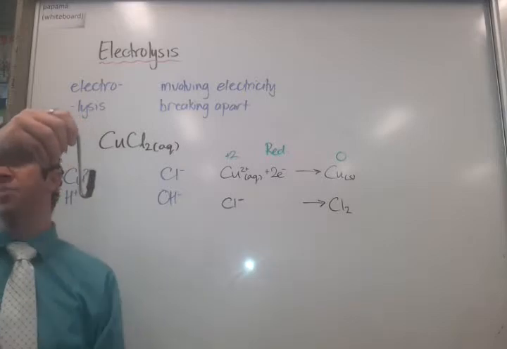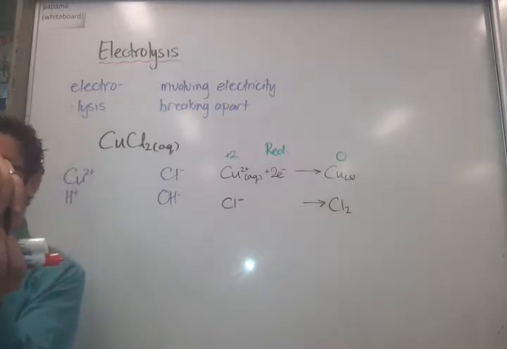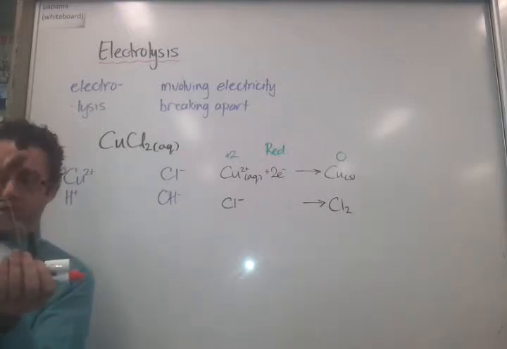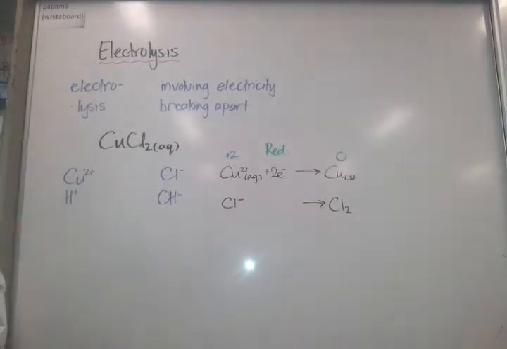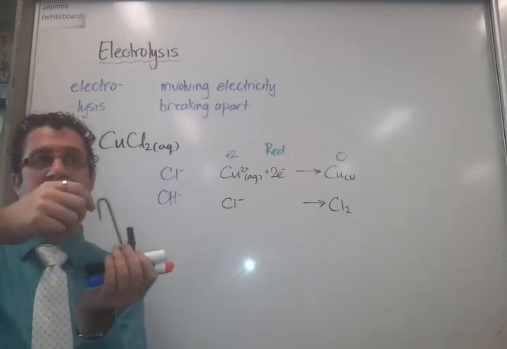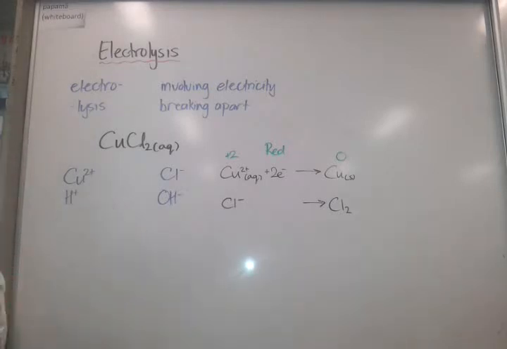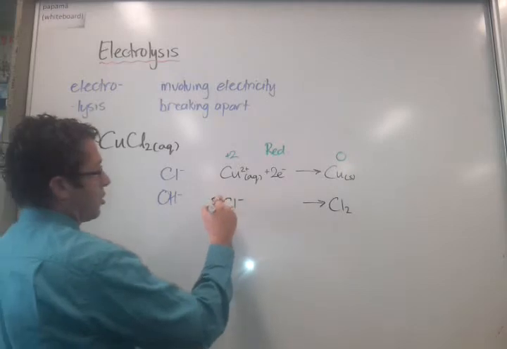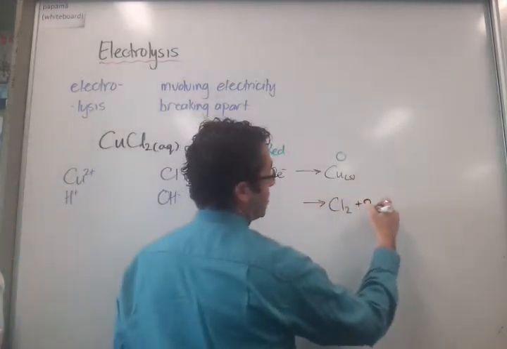I want you to put test tubes over those so that if it is the one that makes chlorine gas, it's not escaping into the air. Then we're going to take that chlorine gas over to the fume cupboard and test it with starch iodide paper, which will go black if there's a halogen in there. So this is clearly not balanced: 2 chlorines there, 1 chloride there, so 2 required. That also gives us a charge imbalance, so plus our 2 electrons.